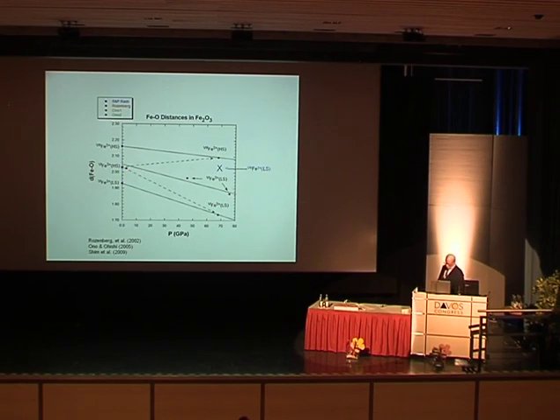The problem here that I haven't been able to figure out is that this is octahedral 3+ iron in low spin configuration, and this one is supposed to be as well. And the real question is, why are they so different? I haven't figured that out. And the other thing I just wanted to put is that if we had iron 3+ in 8 coordination in the low spin state, it would be this size. But it's very unlikely, probably impossible, for iron in 8 coordination to be in the low spin state.